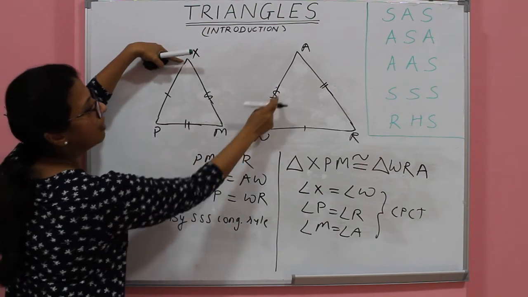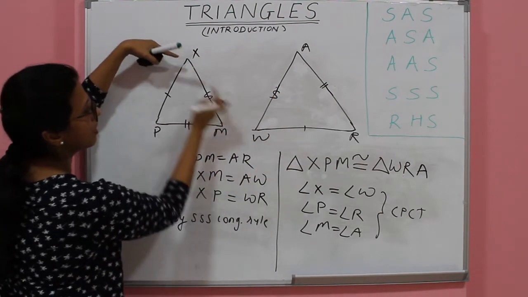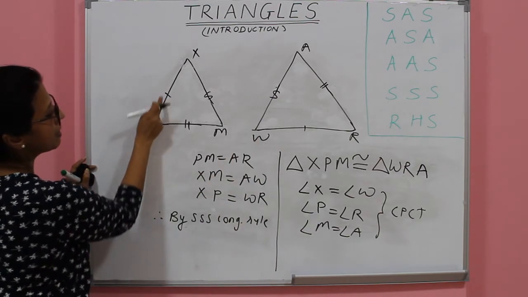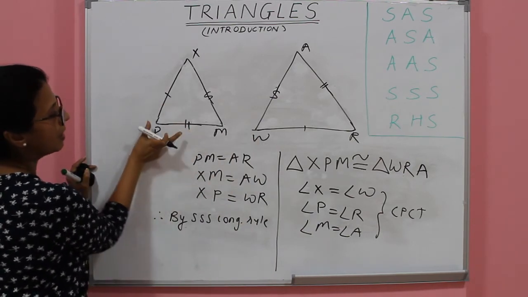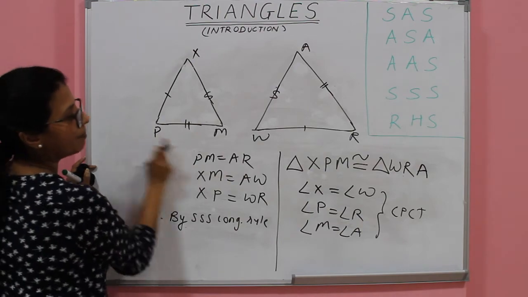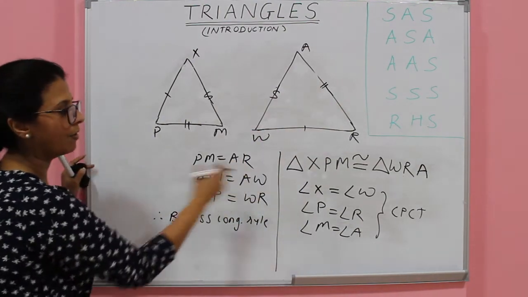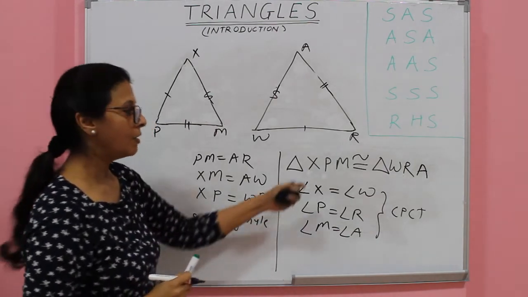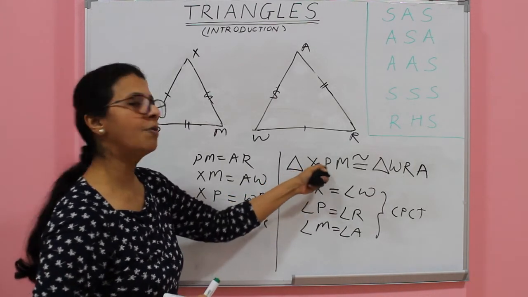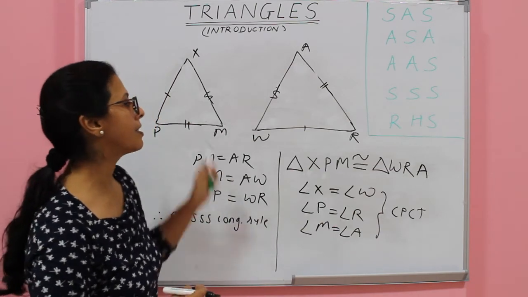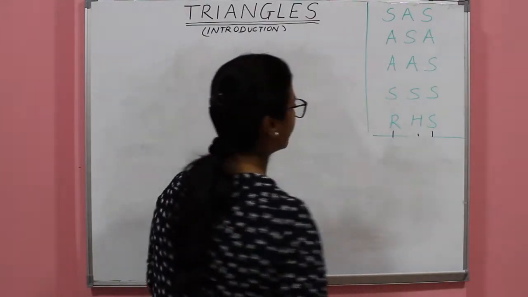Same way W also, one is having this side and one is having this side. So it is exactly matching. Same way angle P has one side with a single mark, the second side with two marks. Same way over here, P is equal to R. R is having 2 marks and 1 mark. This way also you can match and see. This has to be accurate. When you write this, you can write the remaining part and write CPCT. Clear? This is about the SSS test.